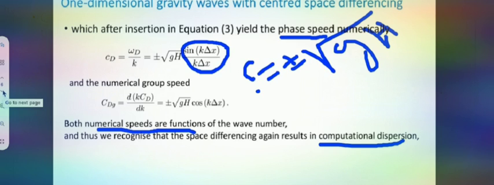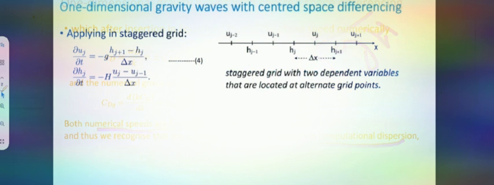It is a drawback of the scheme. So this central space differencing has the drawback of this kind of computational dispersion. Now, that was the case in central.